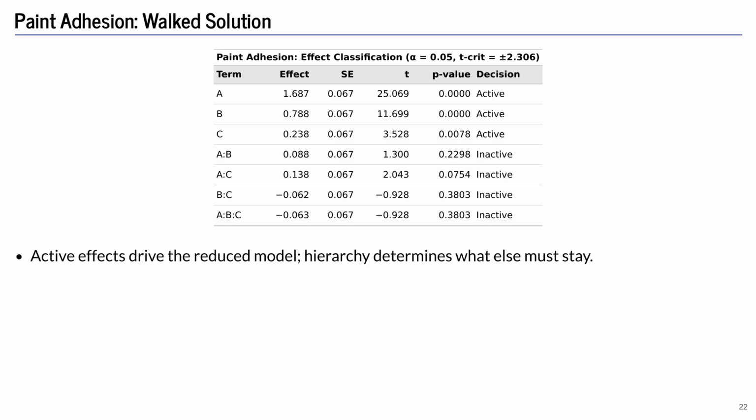Inactive. 3 active main effects, no active interactions. Hierarchy is straightforward here. Since no interaction is retained, all 3 main effects stand on their own merits, and all 3 are active. The reduced model keeps A, B, and C and drops all 4 interaction terms.